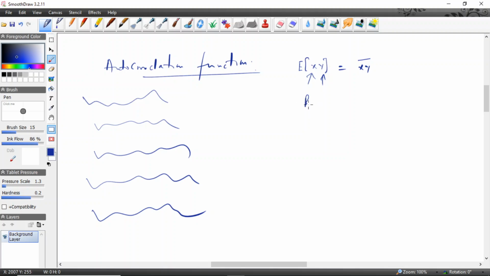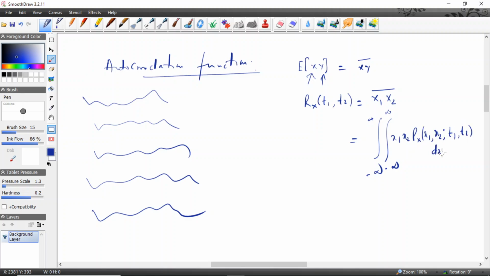Or what you can write as Rx1x2(t1, t2). In this case, for the random process, it is the expected value of x1 x2 bar, and that I can write as a double integral from minus infinity to plus infinity of x1 x2 times the joint PDF p(x1, x2) at t1 and t2, into dx1 dx2.